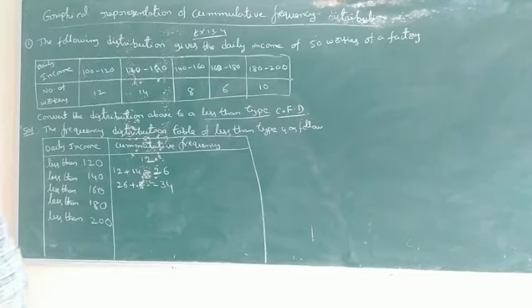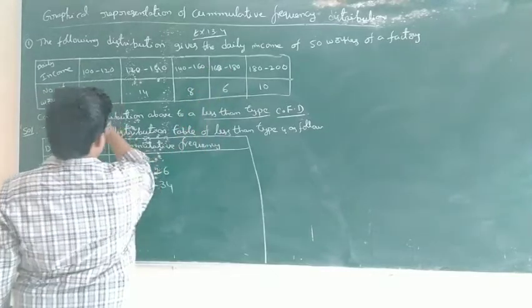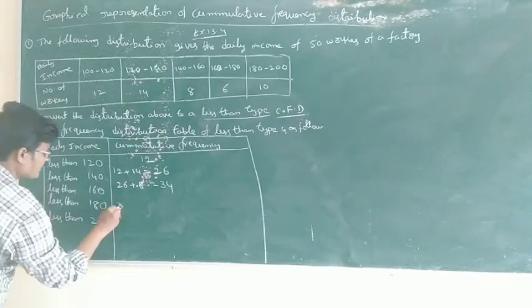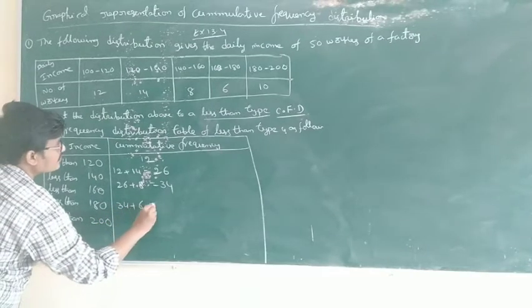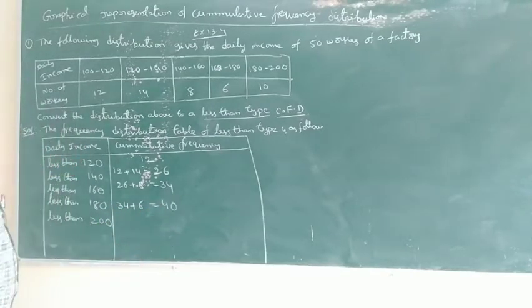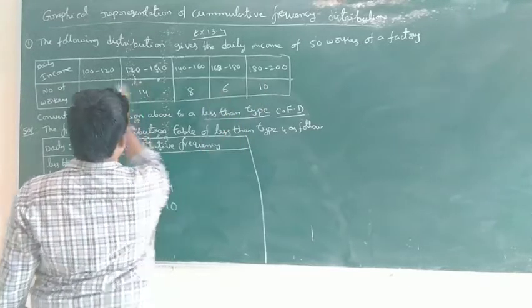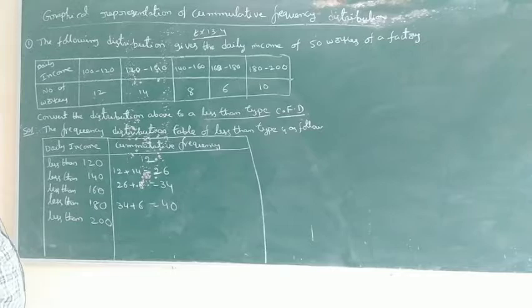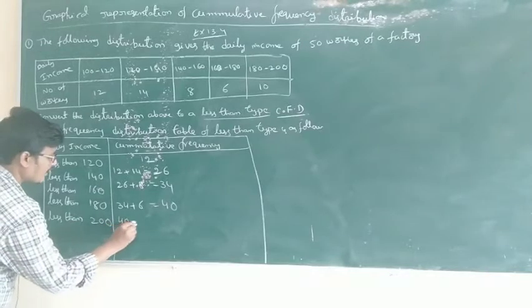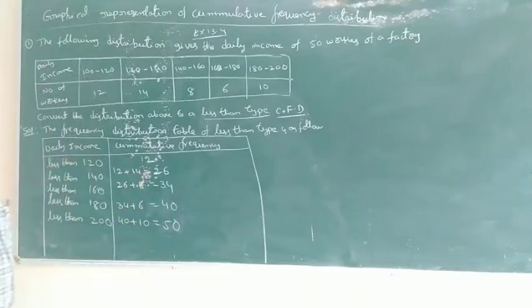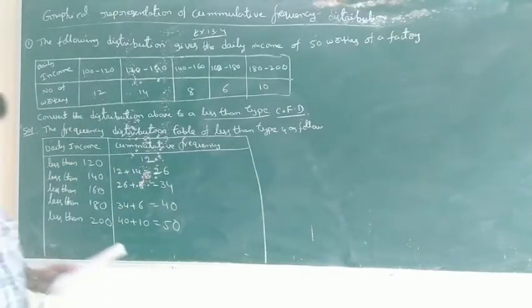Less than 180 means 34 plus 6 is equal to 40. Less than 200 means all of these, total adding: 40 plus 10 is equal to 50. This is the cumulative frequency.